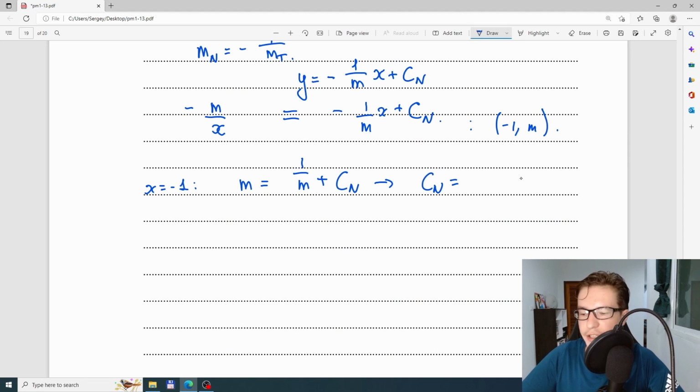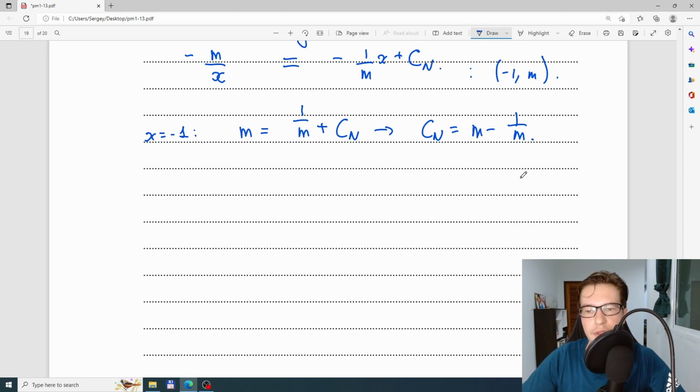So cn equals m minus 1 over m. And I can rewrite the equation of the normal as y equals minus 1 over m x plus m minus 1 over m. That's c of the normal.